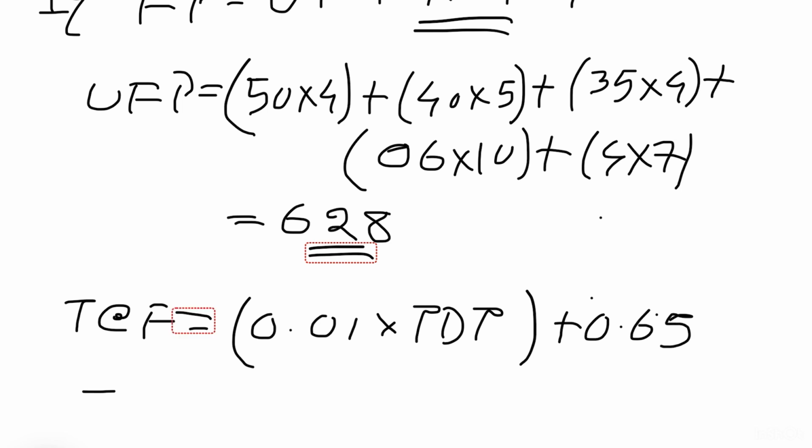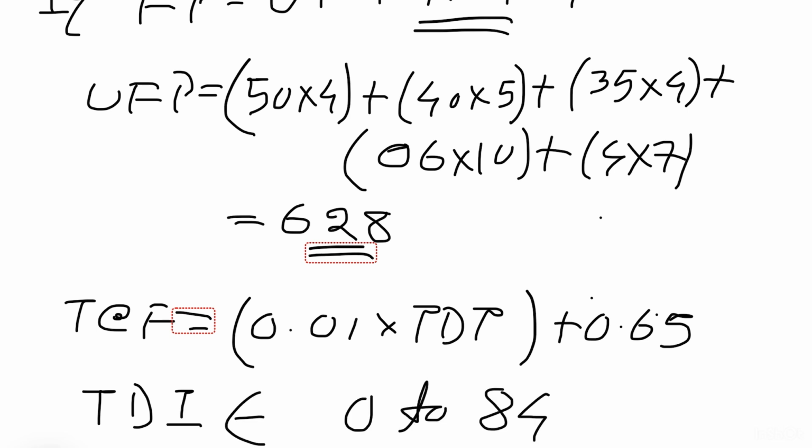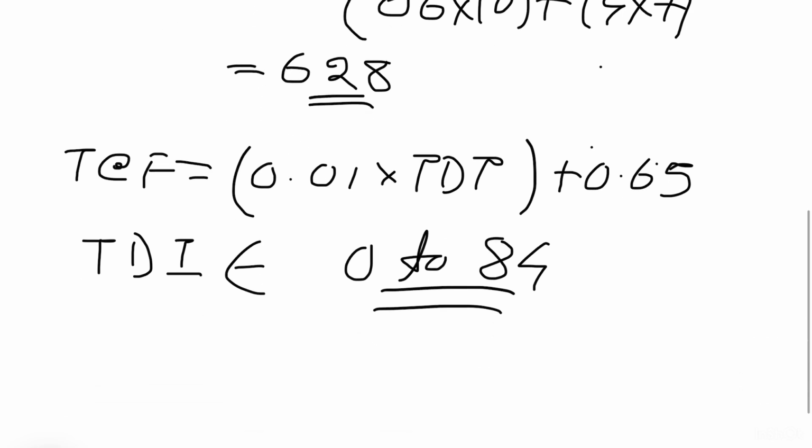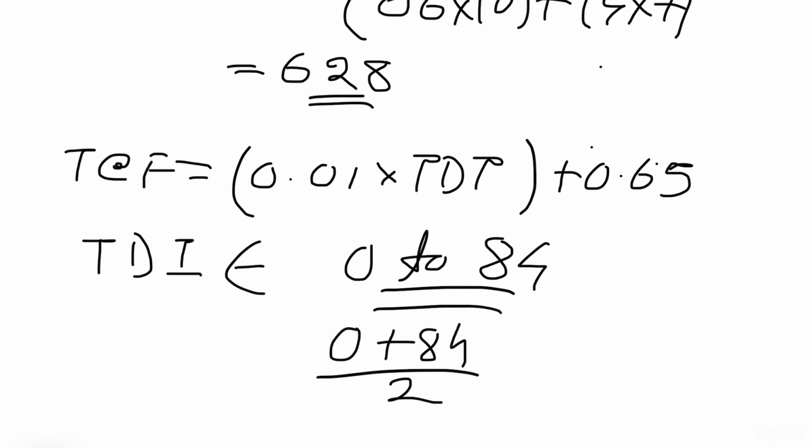What is this total degree of influence? This varies between 0 and 84. As the problem says we have to choose the average, the average of 0 plus 84 is 42.